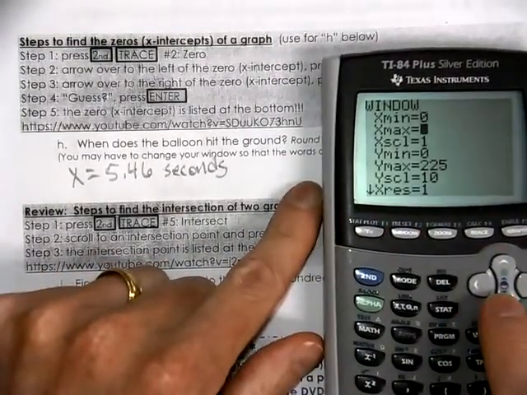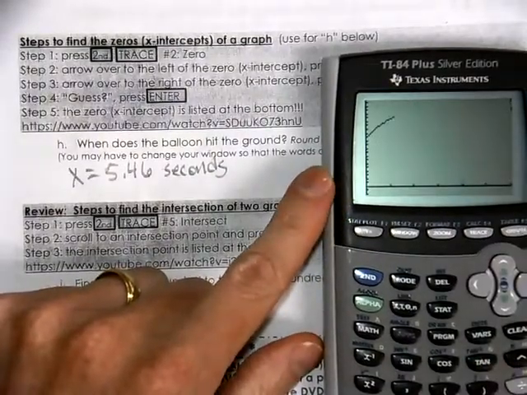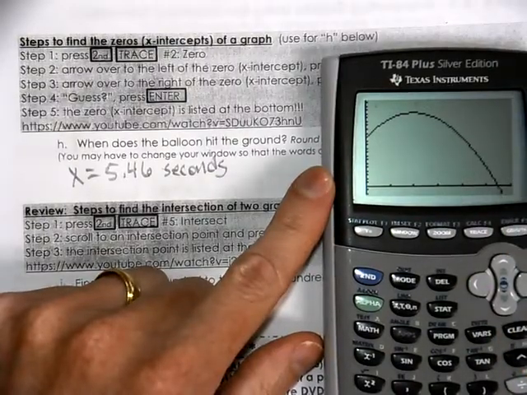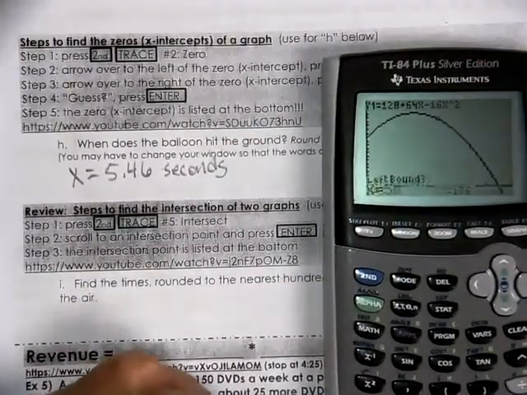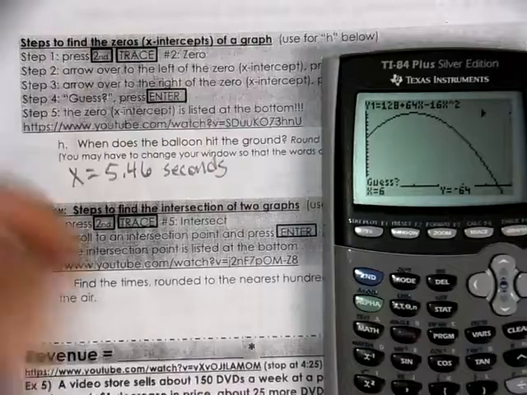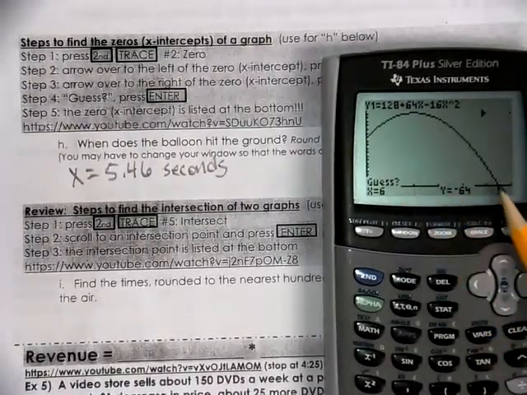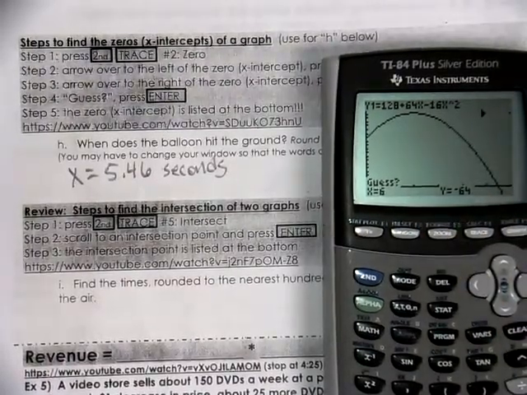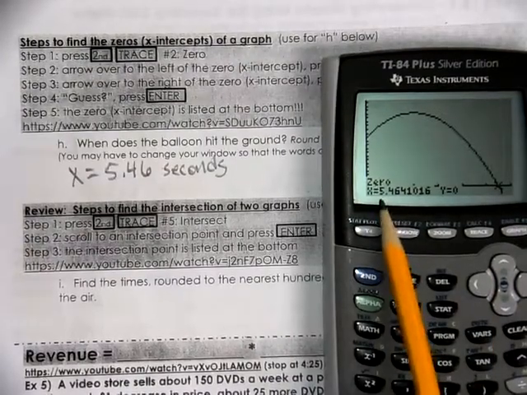So you might want to change that y minimum to -20 so you can see a little bit better what's happening underground. So when you do that second 0 and you do the 5 and the 6, you can still see more of the x-axis, even though that may not even been high enough. It doesn't change the answer. Okay, we got our answer, 5.46 seconds.